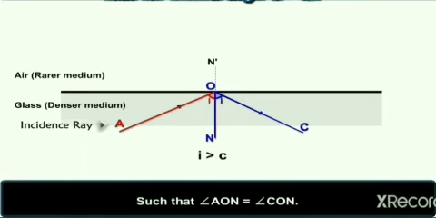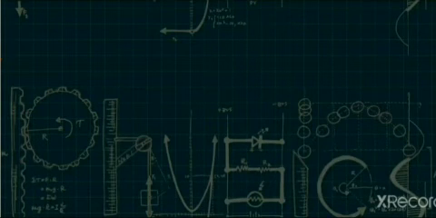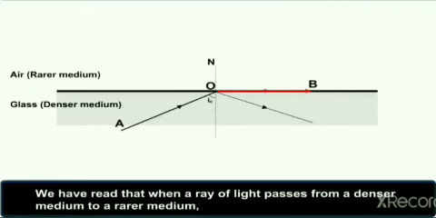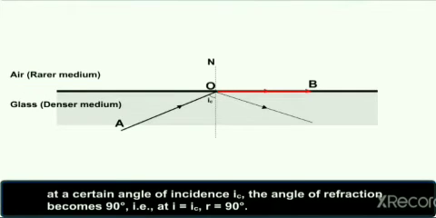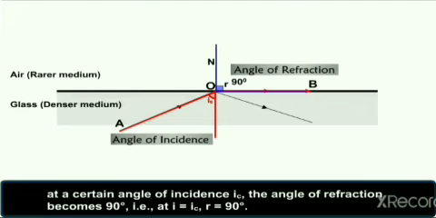Critical angle. We have read that when a ray of light passes from a denser medium to a rarer medium, at a certain angle of incidence, i_C, the angle of refraction becomes 90 degrees. That is, at i is equal to i_C, r is equal to 90 degrees.